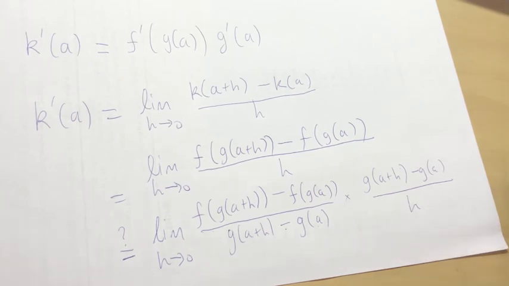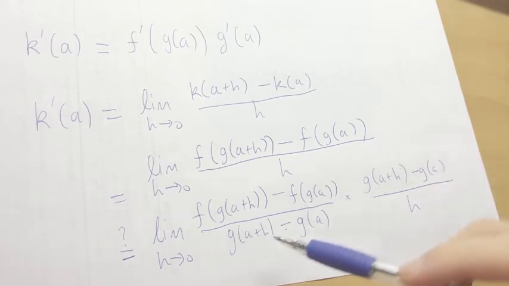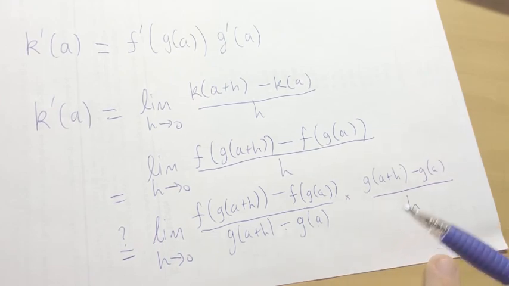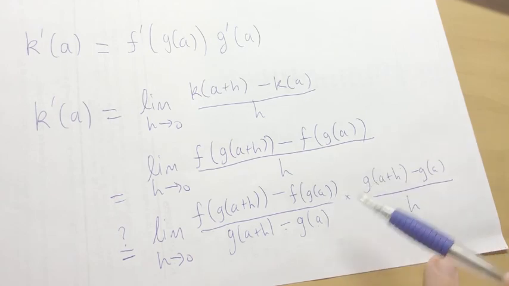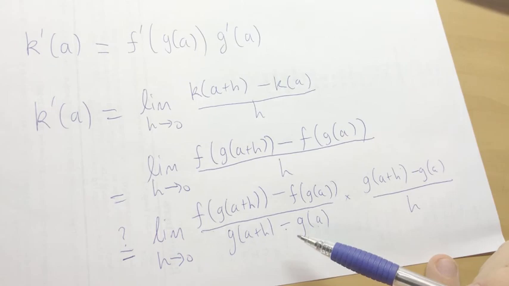Now, if we can't find such a sequence of h's such that the denominator is always 0, which means eventually we'll get close enough to 0 that all the h's will produce non-zero values of this, then in that case we can definitely just do this kind of thing, because we don't run into the problem of 0 anymore.